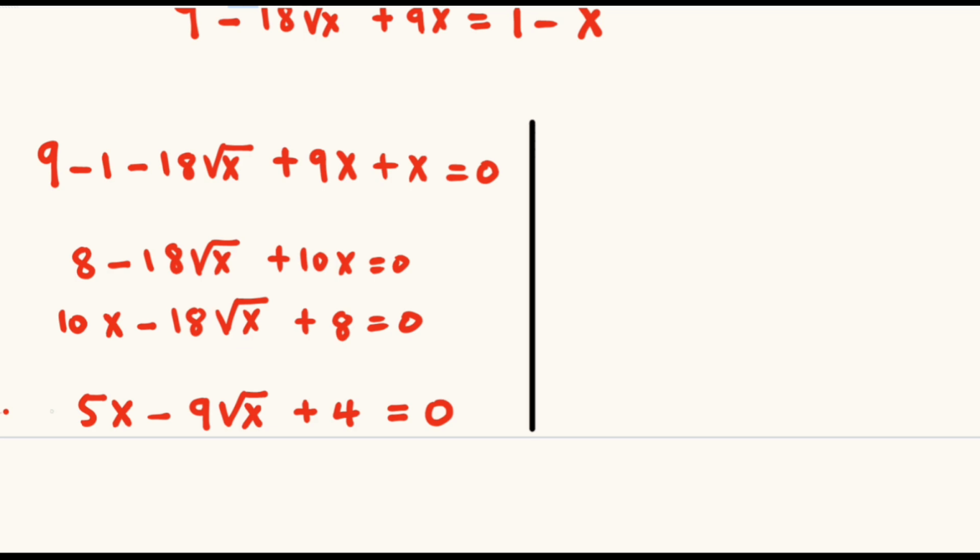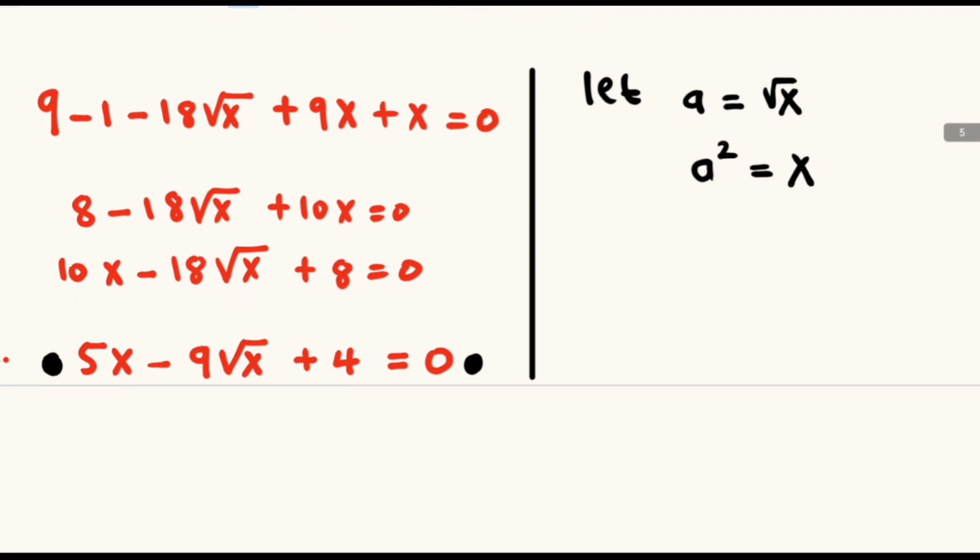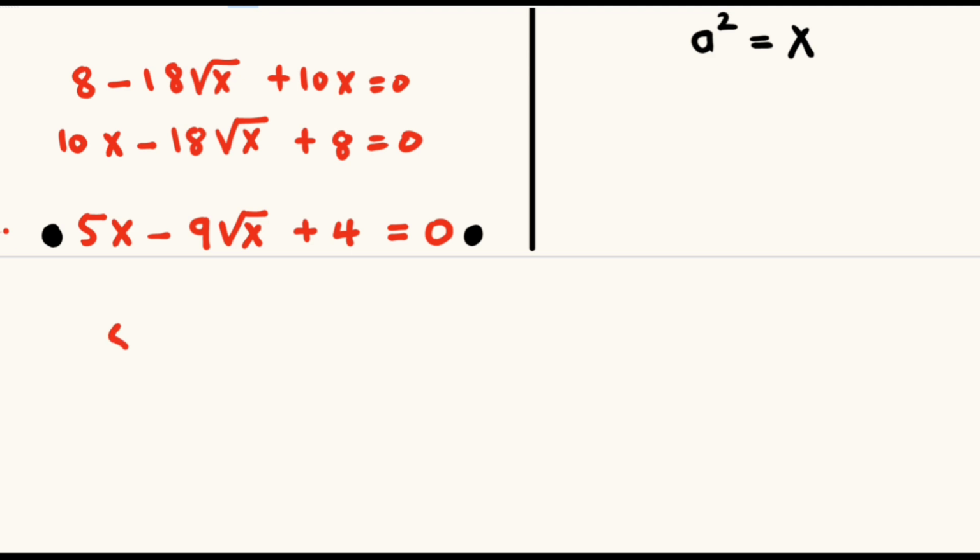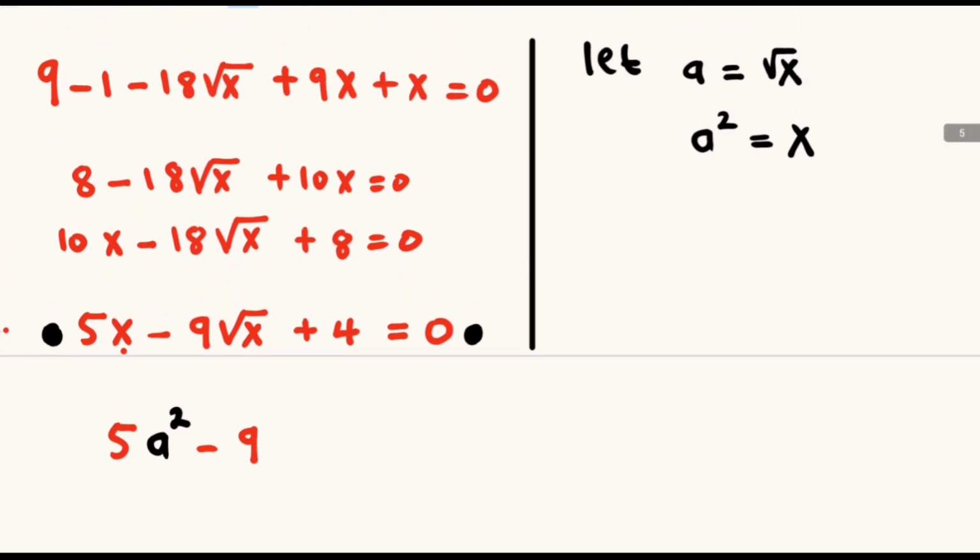For the sake of this new equation, we are going to let a to be equals to the square root of x, and squaring both sides of the equation, a squared will be equals to x. In the place of the x, we are going to substitute a squared. In the place of the square root of the x, we are going to substitute a.